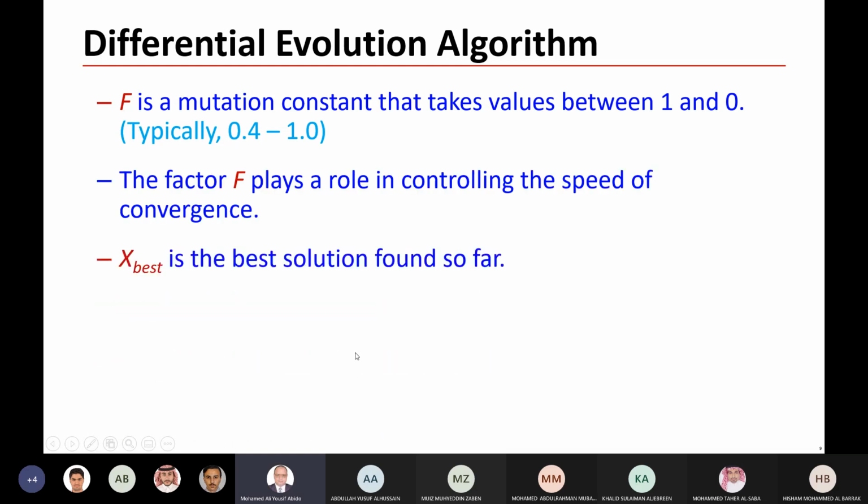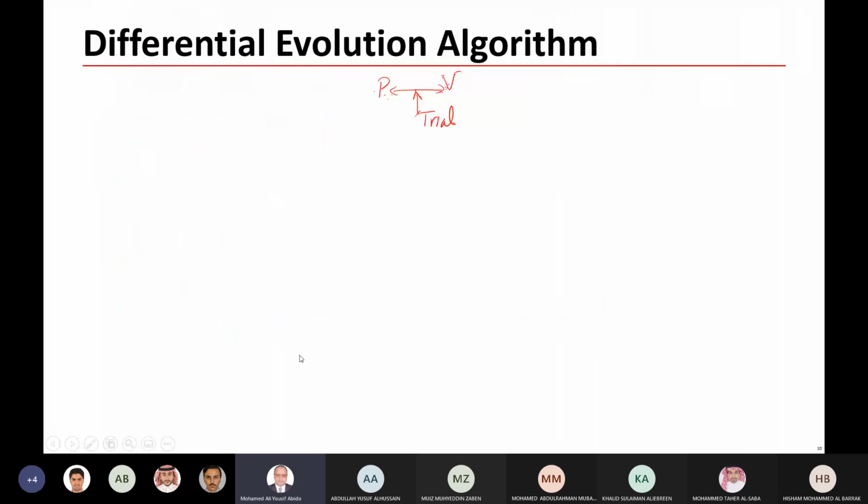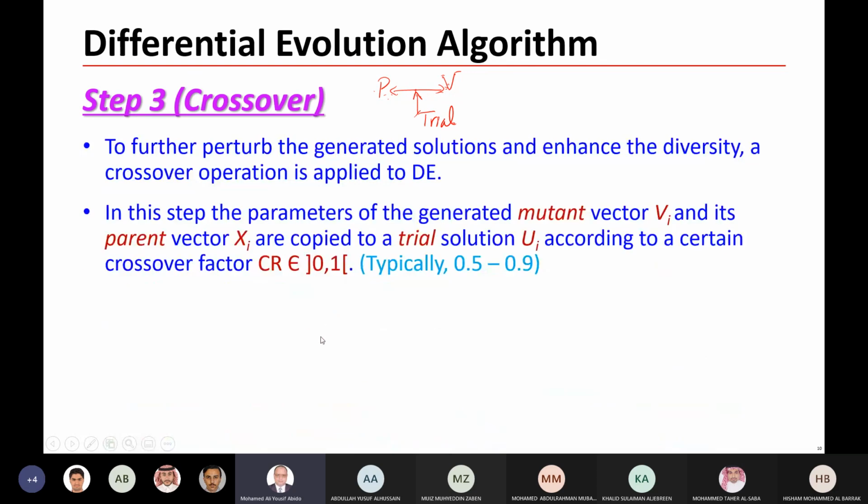If this is the range of F, you randomly select from it. So in the differential evolution algorithm, you have the crossover to create the trial solution from the parent and the mutant vector, Vi.